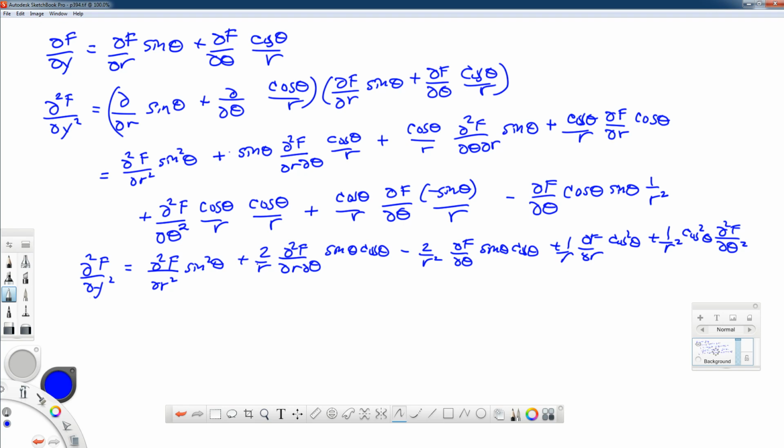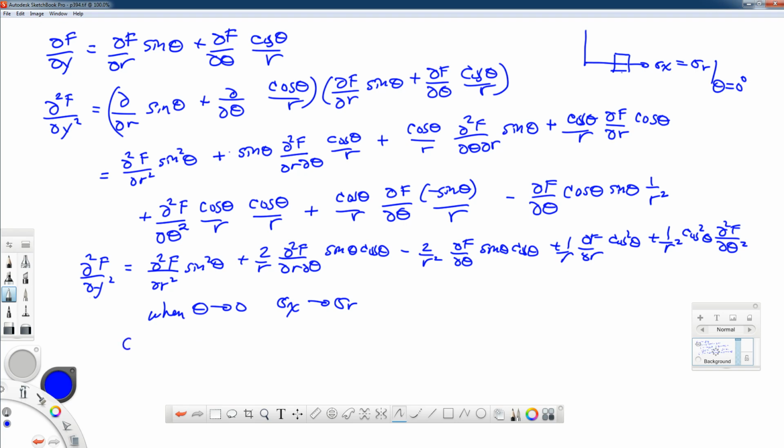Alright, now that's kind of a big mess. We're going to do some simplification here. When theta goes to 0, sigma x will turn into sigma r. So we're going to reduce this down to the case where instead of having sigma x, we're going to turn this into sigma r. If we look at our polar coordinate system, sigma x would be this way, and that's the same thing as sigma r on theta equal to 0 degrees.